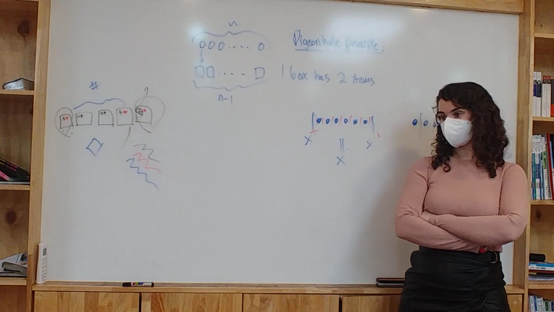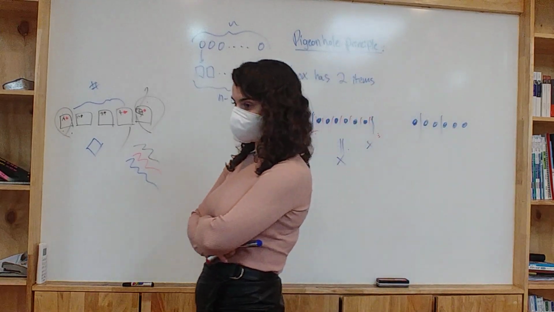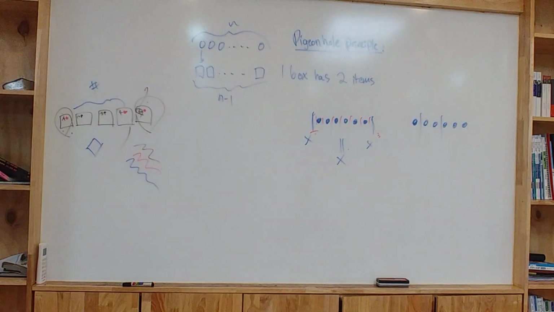Impossible ways is 12 ways, because it is not possible to have them in the same place. So here is no good. So anything, it doesn't matter where you put the other one, it's no good, right?